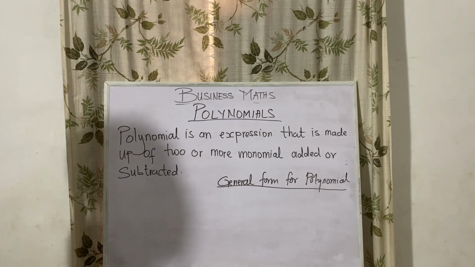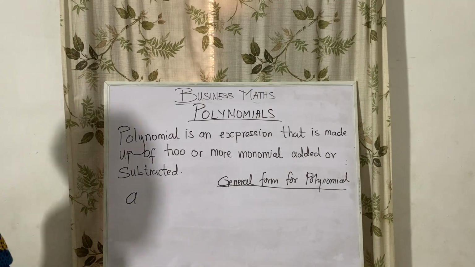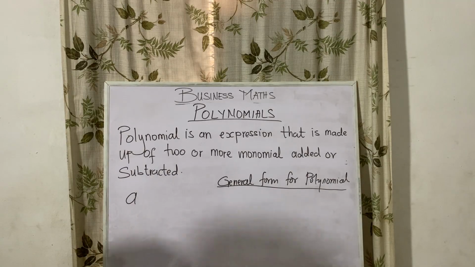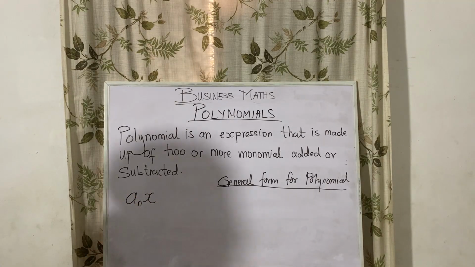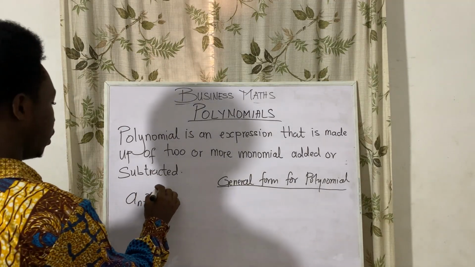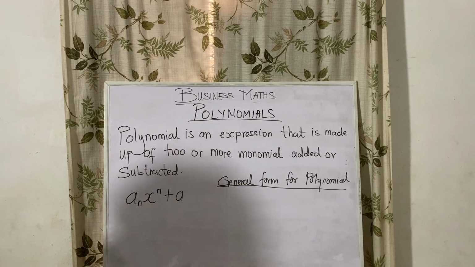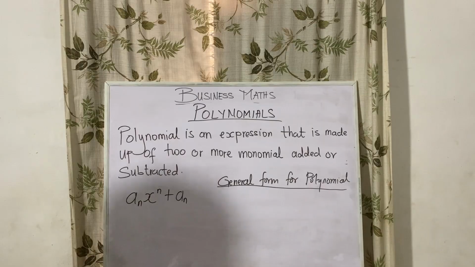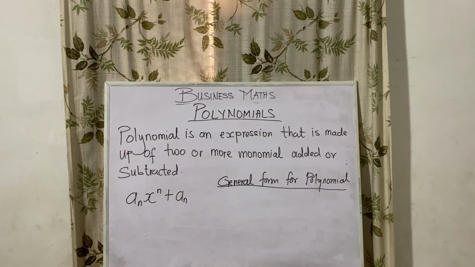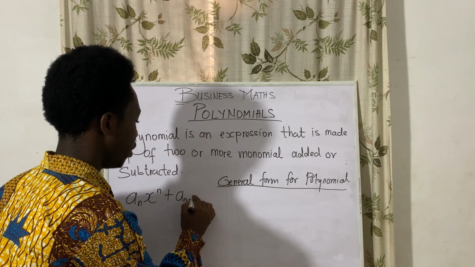So over here we have a_n x^n plus a_(n-1) x^(n-1). Don't worry, I'll explain it.